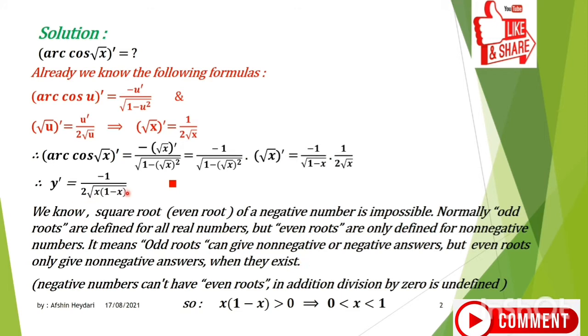So, considering this term here, in addition, we should consider that division by 0 is undefined too. So x multiplied by 1 minus x should be greater than 0, should be positive.